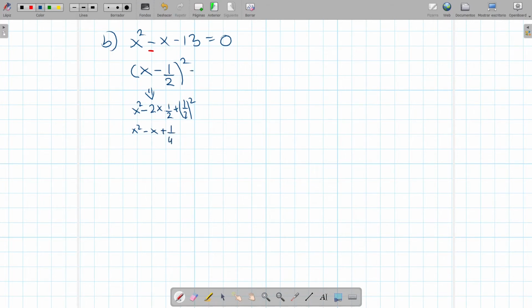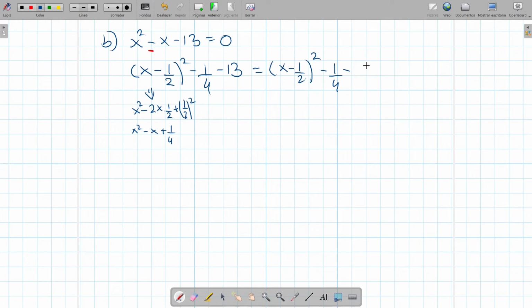So what we don't need is the 1/4, so we subtract the 1/4, and then we need the minus 13, so we put the minus 13. That would give us x minus 1/2 squared, and then we need to do minus 1/4 minus 13. The common denominator is 4.